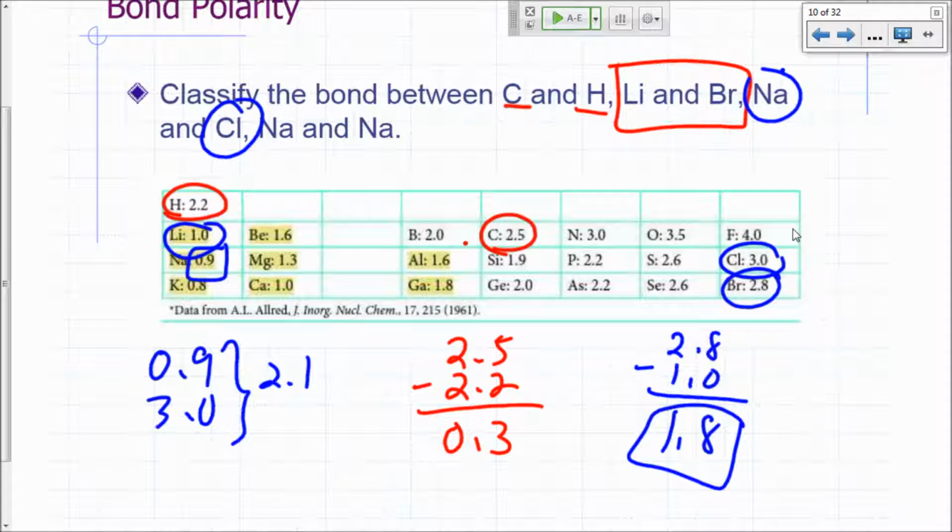So how do we reconcile this with your earlier lesson where you were told metal plus nonmetal is ionic, two nonmetals covalent? Well, two nonmetals will generally give you covalent, polar covalent at the most. But if you have metal plus nonmetal, that's why I'm very careful when I teach this to my class. I say metal plus nonmetal tends to be ionic. But you can see there are going to be a lot of exceptions.